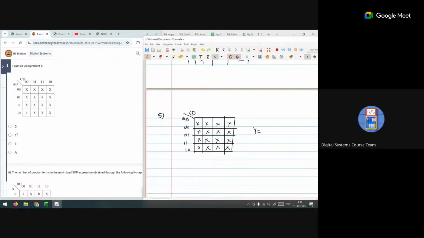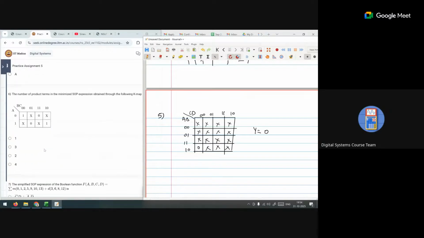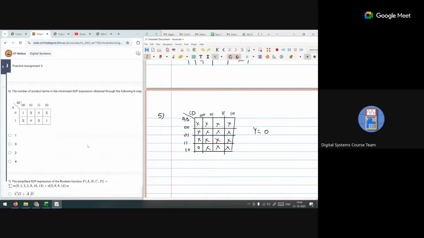I just consider all these don't care conditions to be 0. Why? Because we consider a don't care condition as 1 to maximize the group size. But if there is no 1 available, why should I create a group? So either it is SOP or POS, in every scenario Y is C. So it doesn't create any impact whether we ask in the SOP form or in the POS form. Understood? Yes, sir.